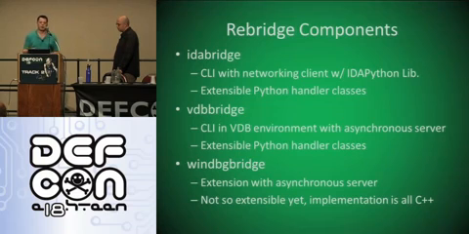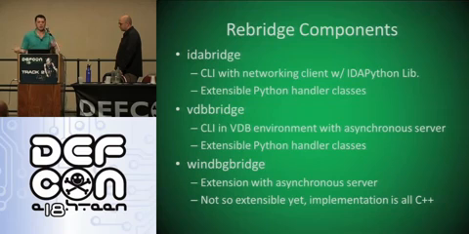So we have several components that we've built out so far. The first one is the IDA-Bridge. It's basically a command line interface that uses an asynchronous server or networking client that we pulled from Collaborate. Again, we're emphasizing that you should use open source software that's already implemented in your own software.